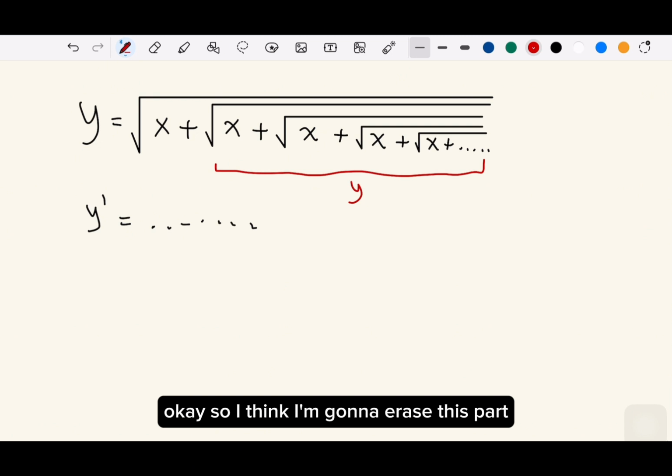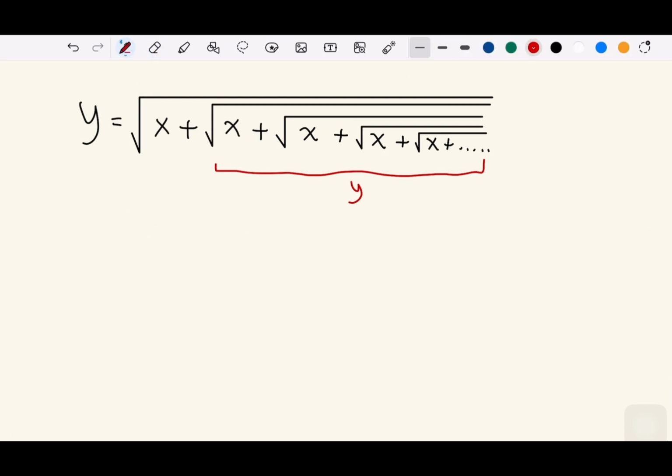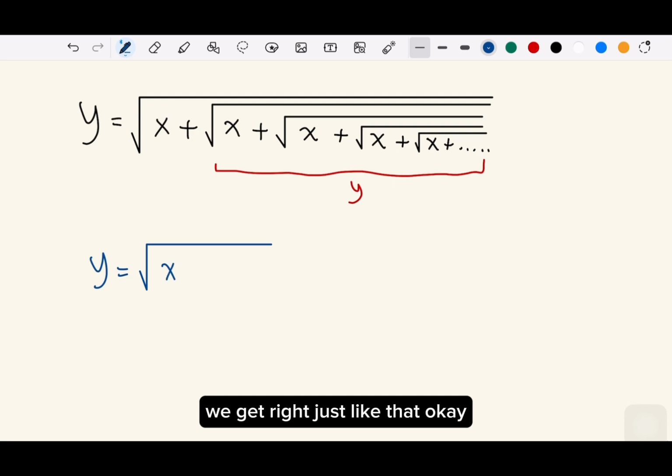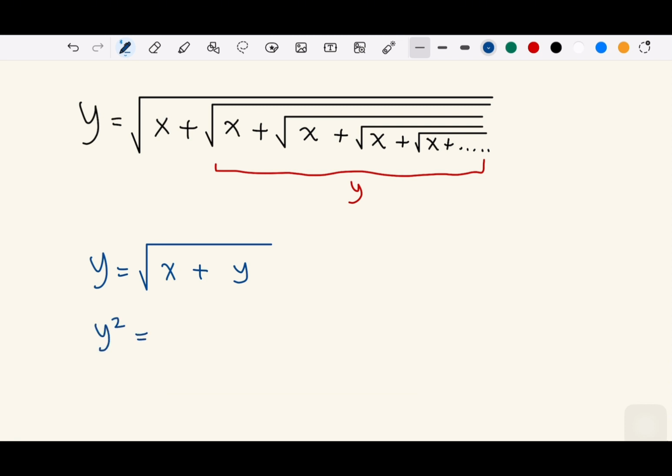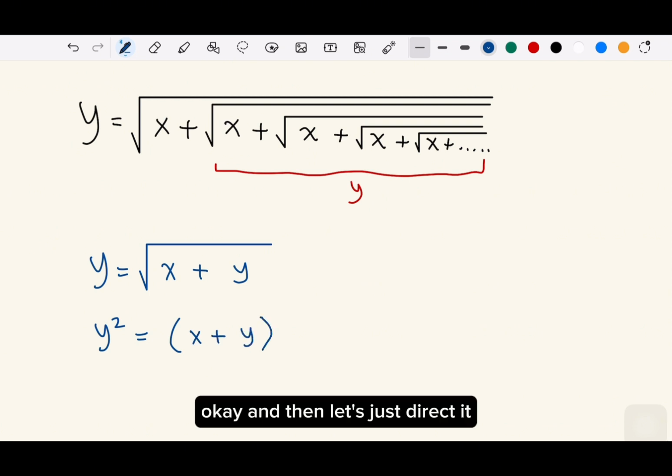Okay, so let me erase this part, and then we get it just like that. Okay, and then we can take squared both sides. Okay, and then let's just derive it.